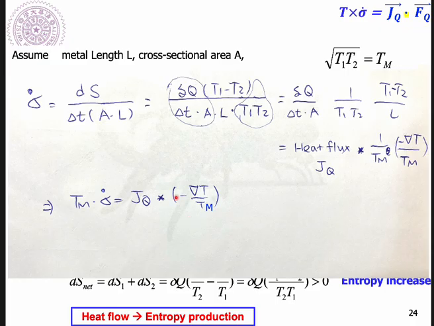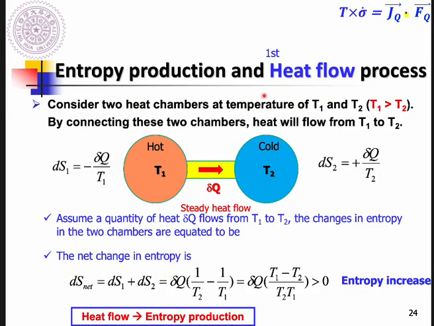And the driving force is not, as you generally think, a temperature gradient. No, it's the negative temperature gradient divided by temperature. So this is serving as a driving force. So in the first case, we successfully proved that this equation can well describe the steady heat flow process. And in the meantime, you can also use this equation to get the sigma dot, the rate of entropy production per volume.